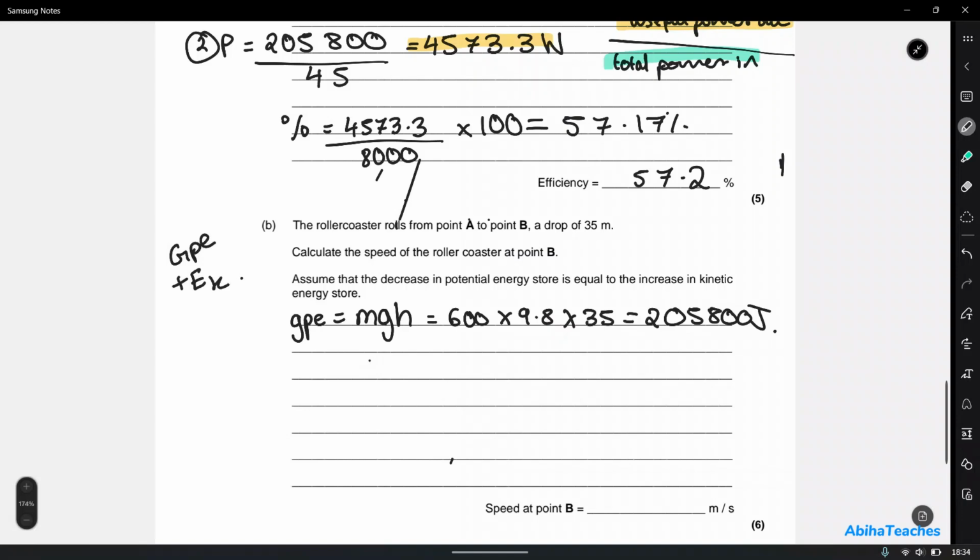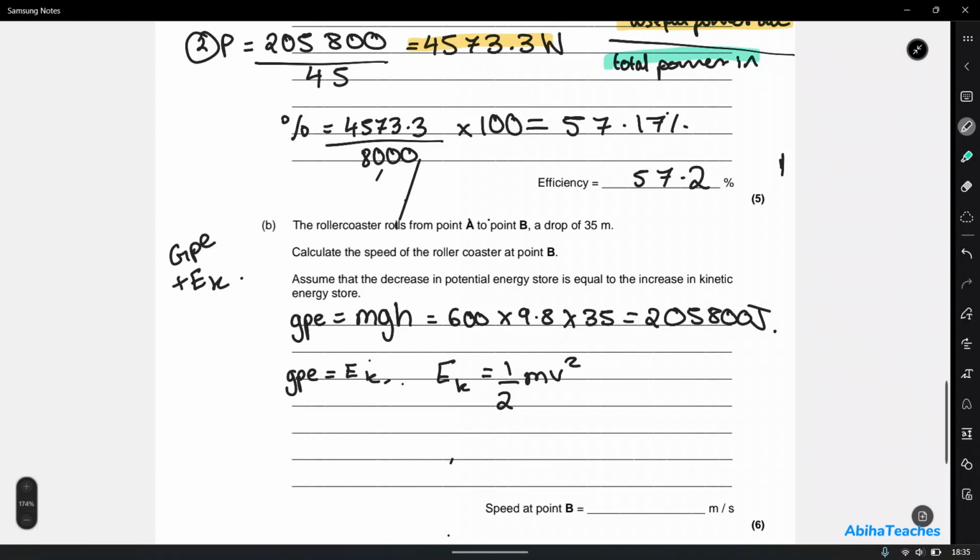So kinetic energy and gravitational potential energy are equal. So I will now use the formula for kinetic energy, which is a half mv squared.